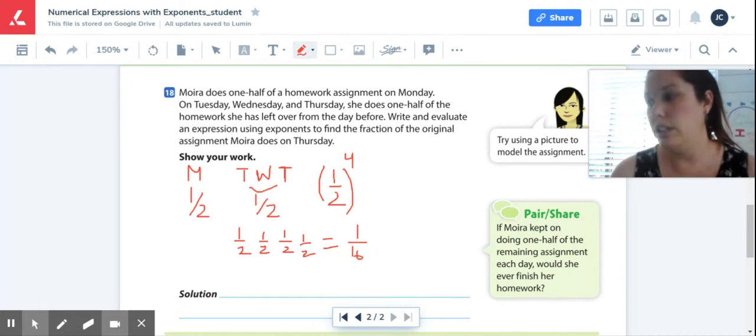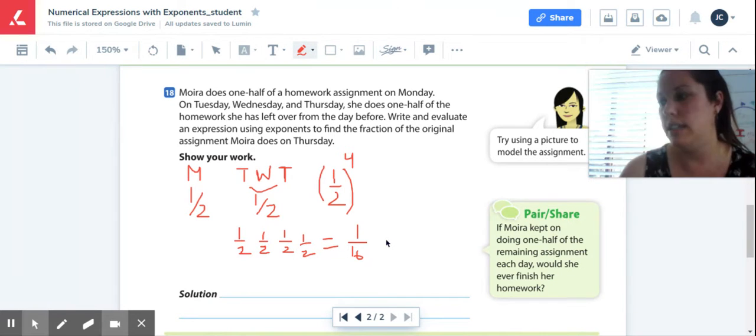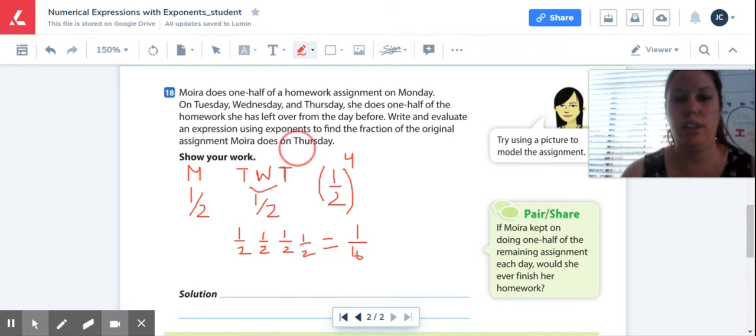So she's actually going to do 1/16 of her original assignment on Thursday, because it says right here, write and evaluate an expression using exponents to find the fraction of the original assignment Moira does on Thursday. So for Thursday, she's going to do 1/16.